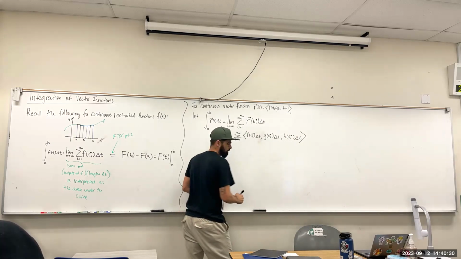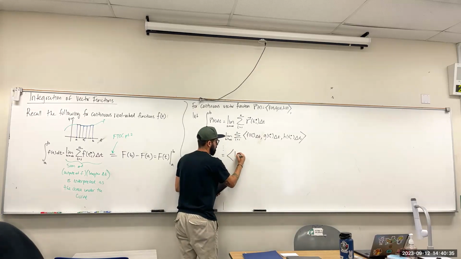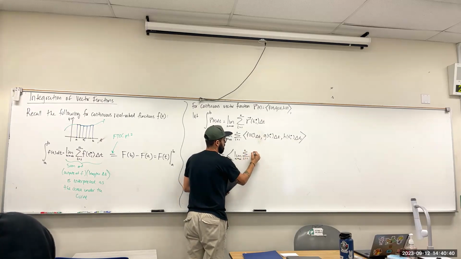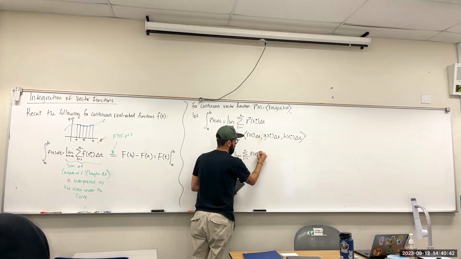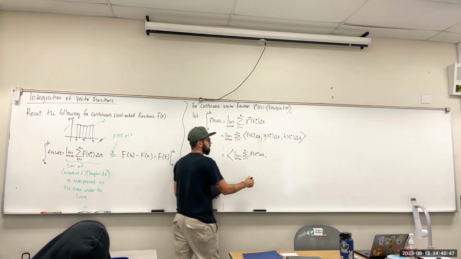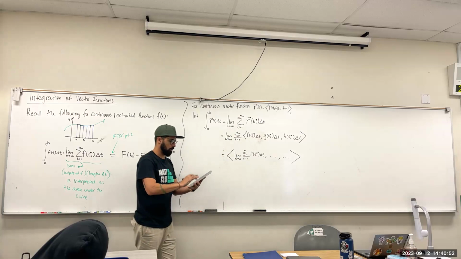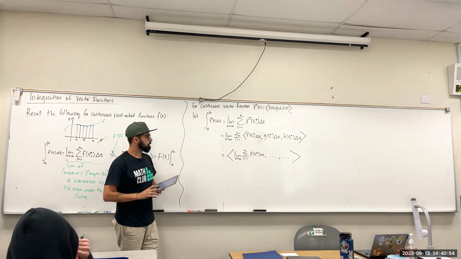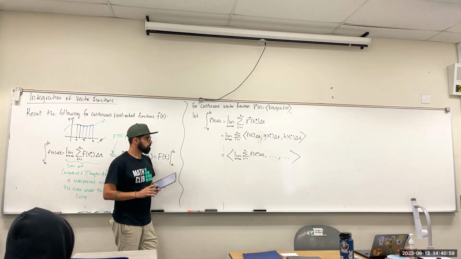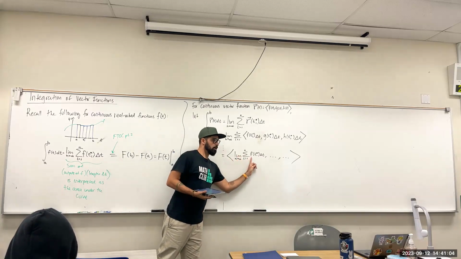So then what we end up with is the limit as n goes to infinity of the sum from i equals 1 to n of f of ti star delta t, and then I do the same thing with the other ones. But now, you guys see this right here?